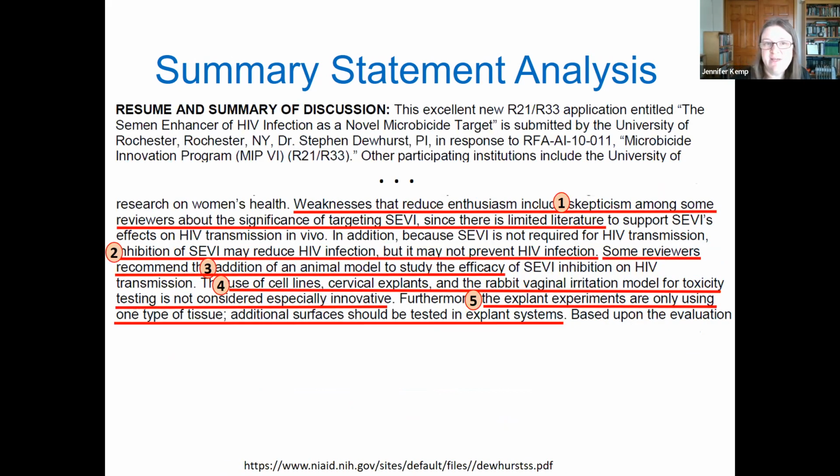So here's another example where they actually found 5 things to complain about up front. So weaknesses that reduce enthusiasm, and they have a laundry list of 5 things. So skepticism among some reviewers about the significance of targeting SEVI, whatever that is, doesn't matter, because there's limited literature.